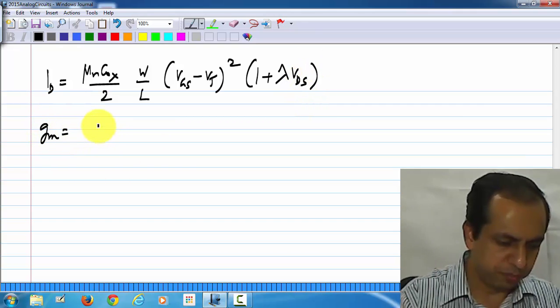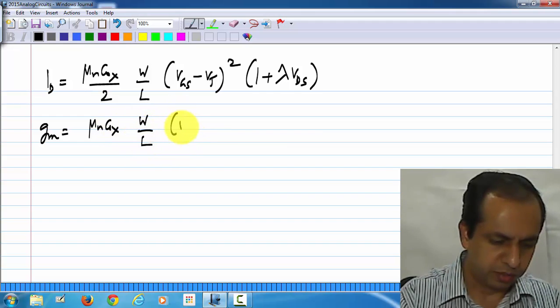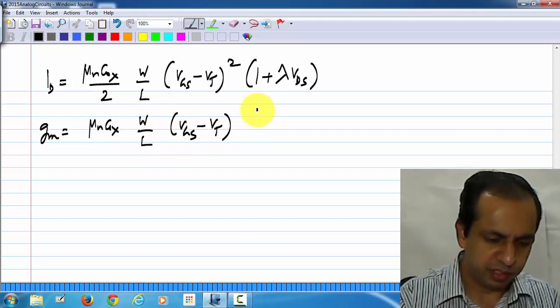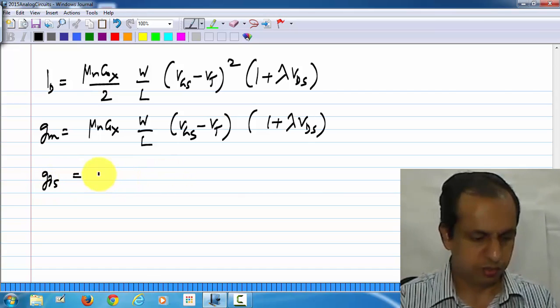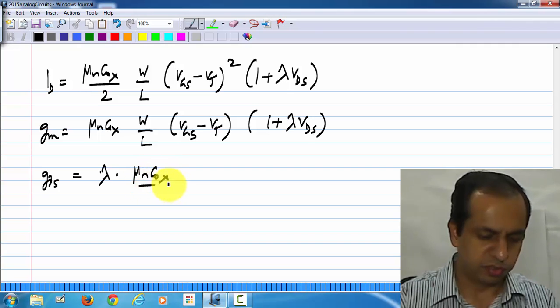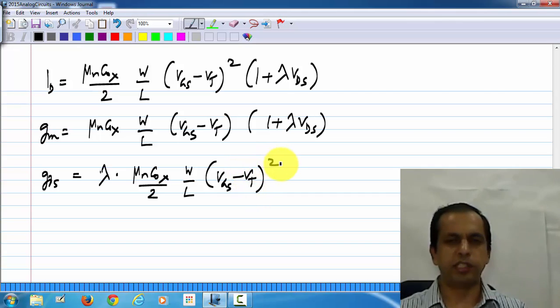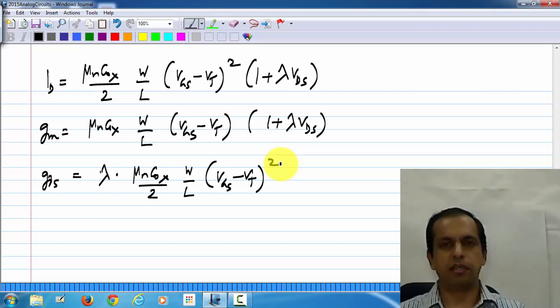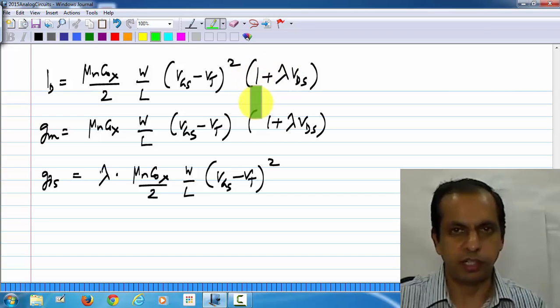The expression for GM is mu n Cox W by L times VGS minus VT times 1 plus lambda VDS, and the expression for GDS is lambda times mu n Cox by 2 W by L times VGS minus VT squared. So, everything changes, and these things are now a little more cumbersome, because you have a nonlinear function and you also have this additional variable.